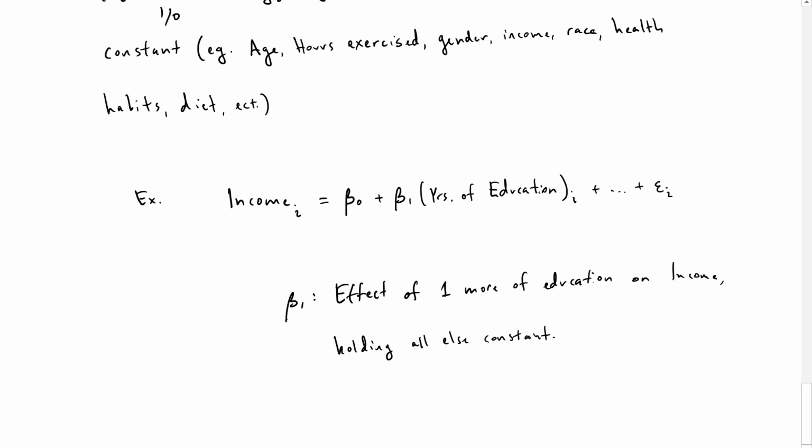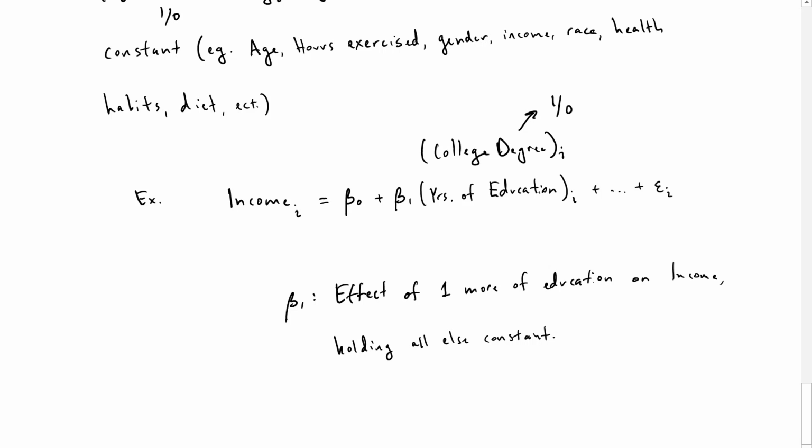You have to think about how you're going to be measuring these things, and how these variables are coded. Instead of years of education, it could just be a college degree of individual i. That could be a 1, 0. Do you have a college degree or not?